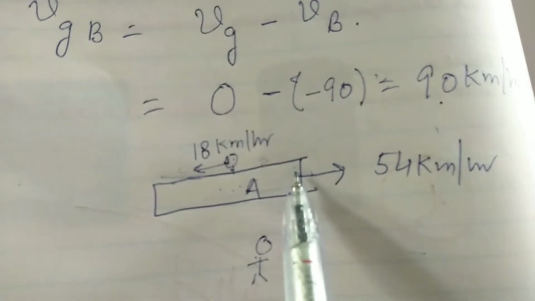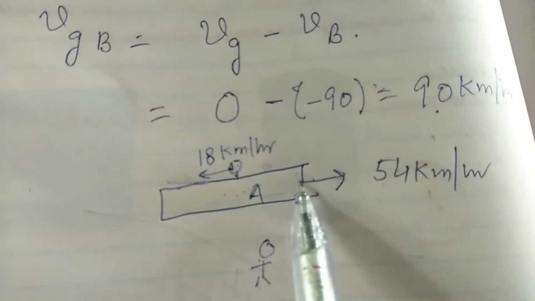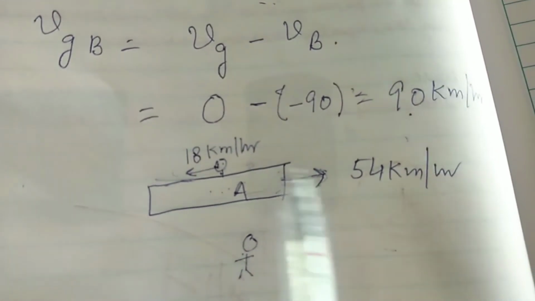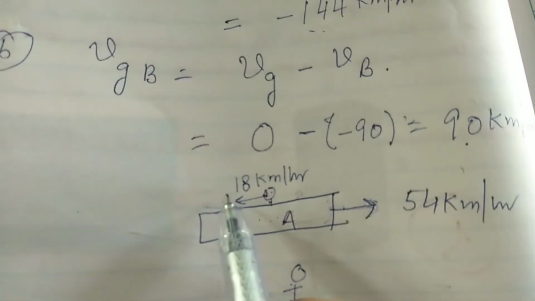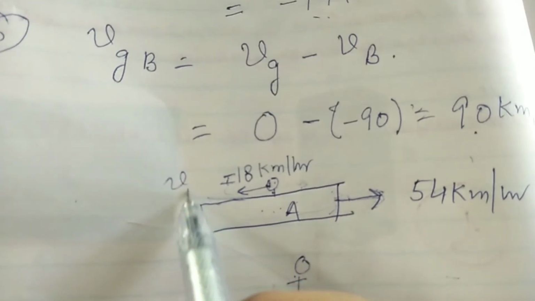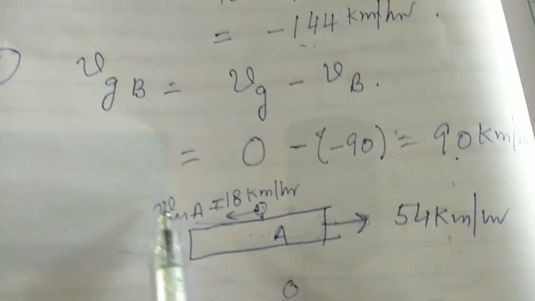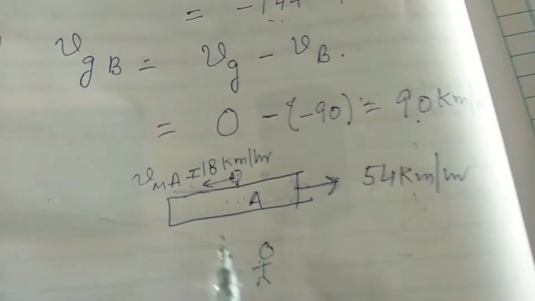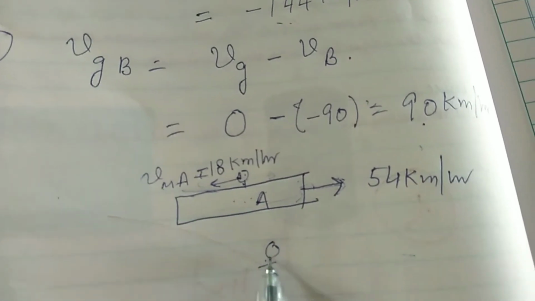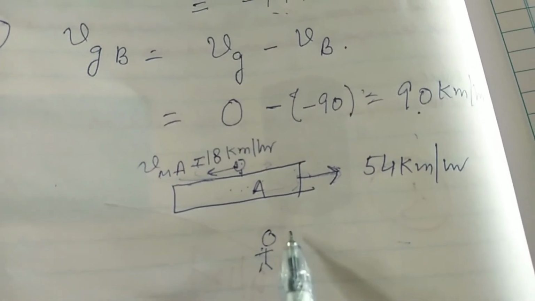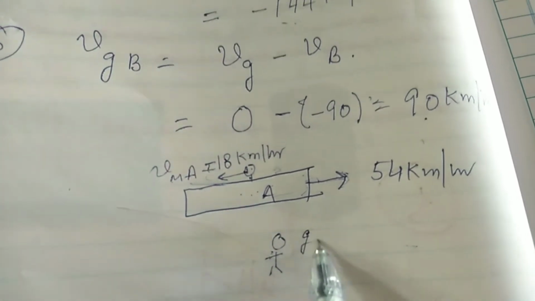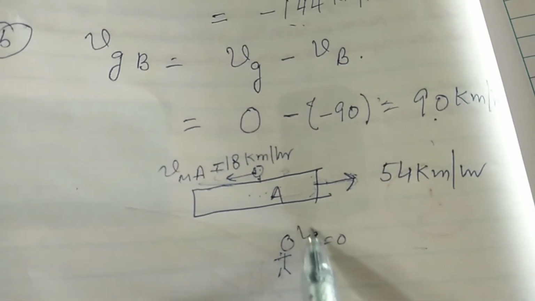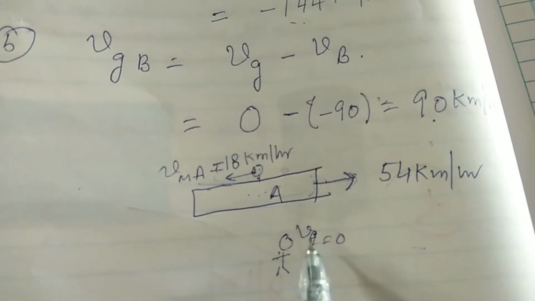Train A is moving with the velocity 54 km per hour and this monkey is moving with the velocity of 18 km per hour, and this is the velocity of the monkey with respect to train A. So this is given. Now we want to find out the velocity of monkey with respect to the man who is standing on the ground, or simply the velocity of monkey with respect to ground. Ground is at rest, so velocity of the ground is 0. So this we want to find out.